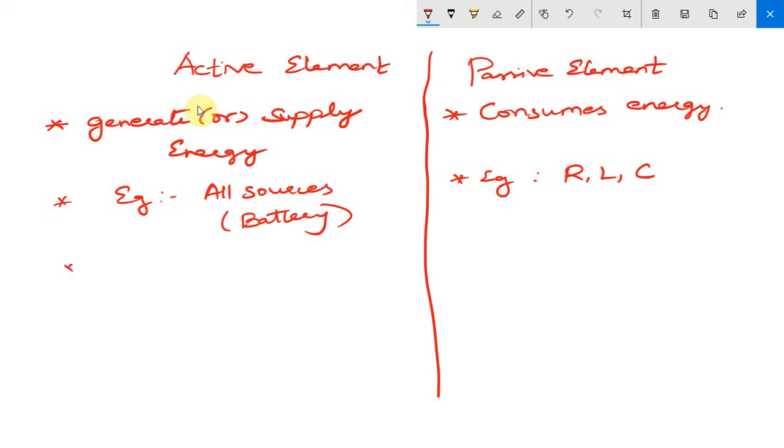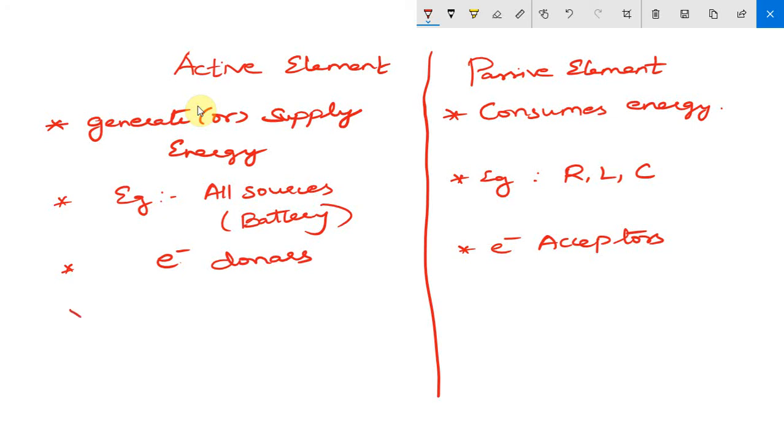The next one is, we can call active elements electron or current donors, whereas passive elements are said to be electron acceptors, because they consume energy.